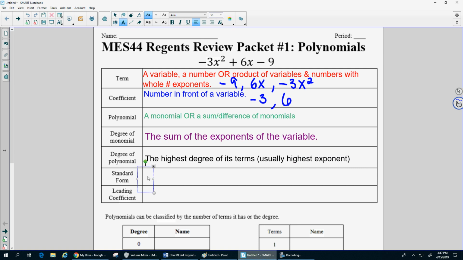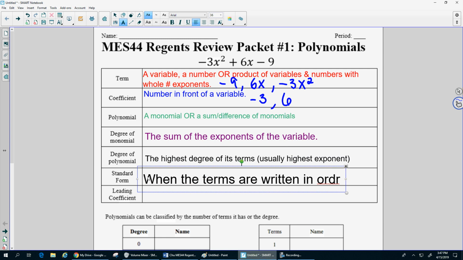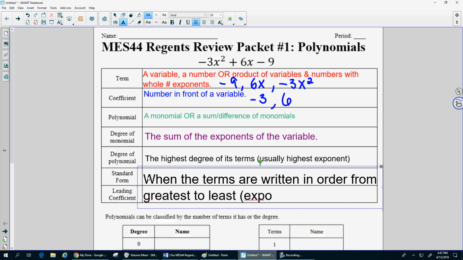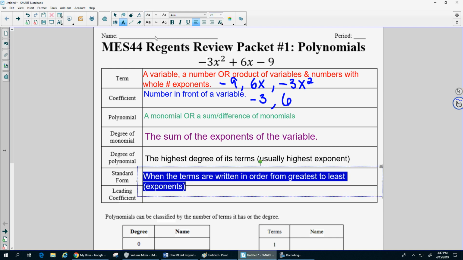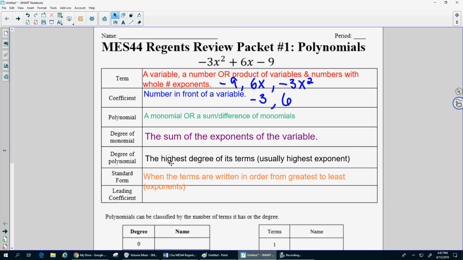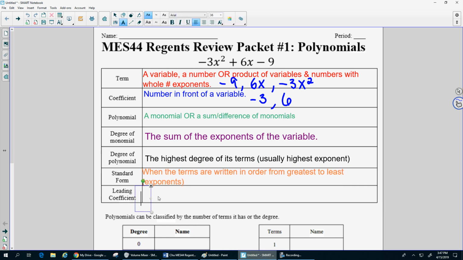Standard form of a polynomial is when the terms are written in order from greatest to least. And by that I mean we're taking a look at the exponents. So the exponents are in order from greatest to least. Okay, and your leading coefficient, it's easiest to identify this when your polynomial is in standard form.